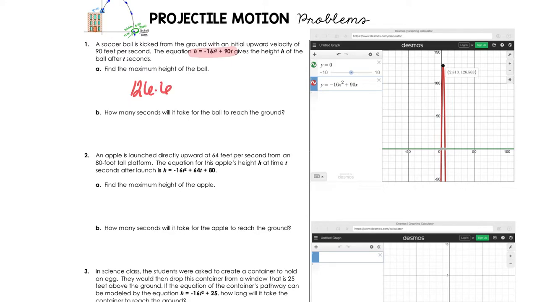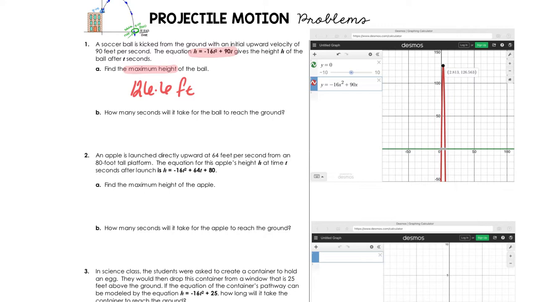So if I was looking for the maximum height of this soccer ball, it is 126.6-ish feet. And if I wanted to know, well, how long did it take for it to reach that, I would look at my coordinates in Desmos. The x-coordinate is time, and the y-coordinate is height. So my time is 2.8 seconds to reach a height of 126 feet.